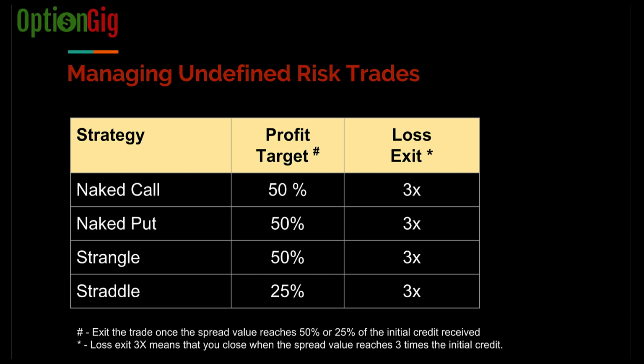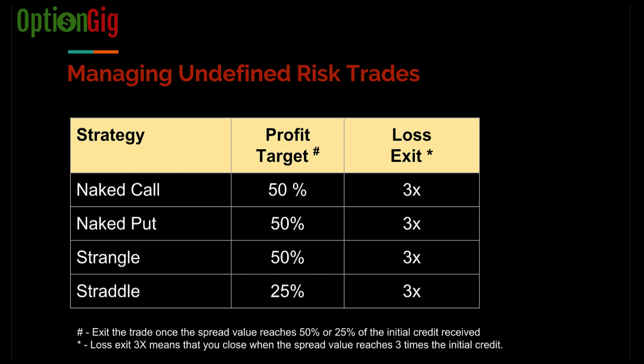So before we get into the example, let's look at the loss stop. In case the option trade has not gone in the direction where we wanted it to go and is making losses, how long should you wait before you exit the trade? Your loss exit target should be 3 times the initial credit received.